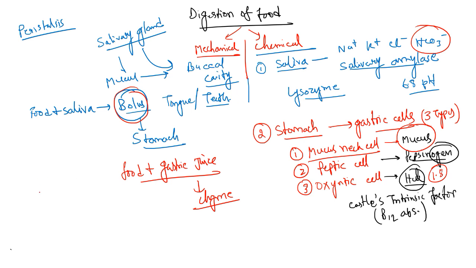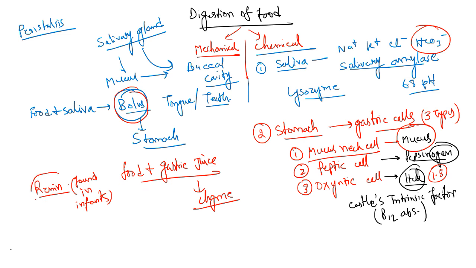Apart from that, there are 2 more chemicals. Renin. This is another enzyme. What kind of enzyme is renin? A proteolytic enzyme. That means renin can also degrade proteins. But this renin enzyme is found in the gastric juice of infants, because they mostly rely on milk digestion.